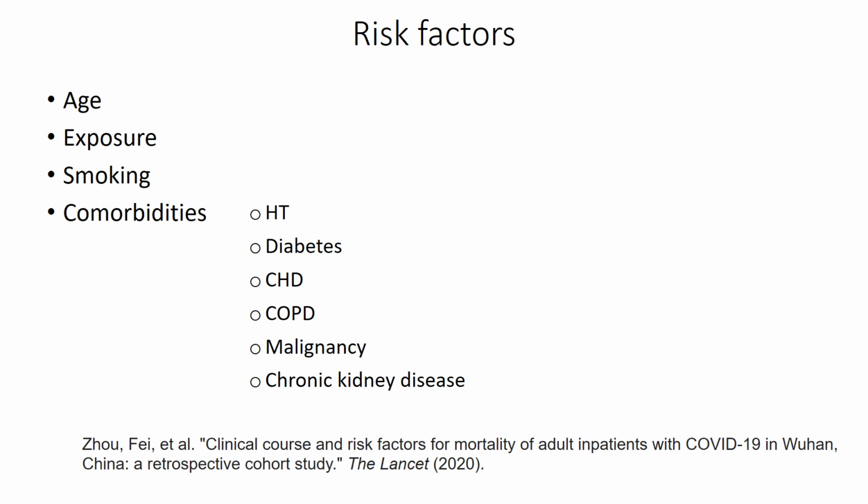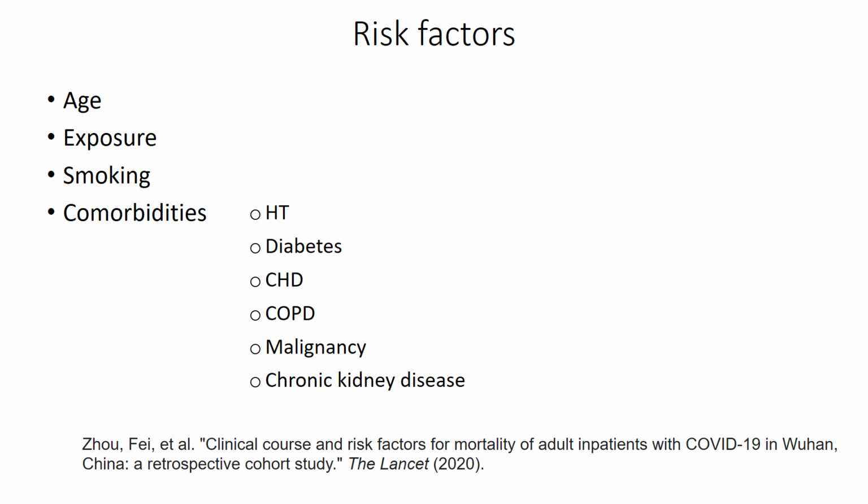Exposure, close contact with somebody who's infected. Smoking, by presumably decreasing the capability of the respiratory tract to defend itself. We know that smoking alters the defenses. Comorbidities. Comorbidities are underlying conditions, like chronic conditions that alter the ability of the system to fight off a viral infection like this.